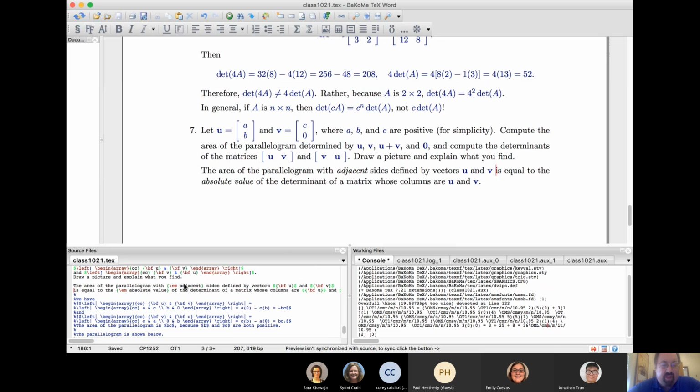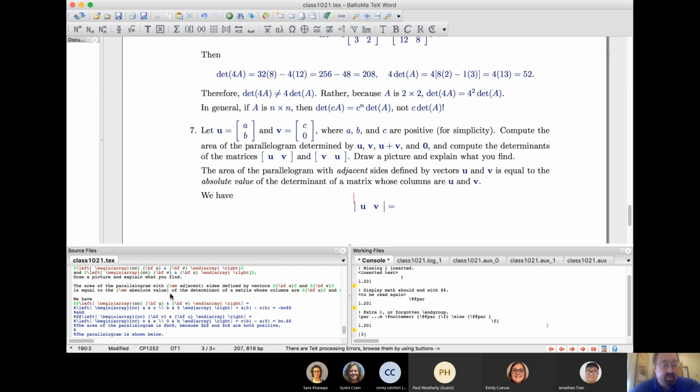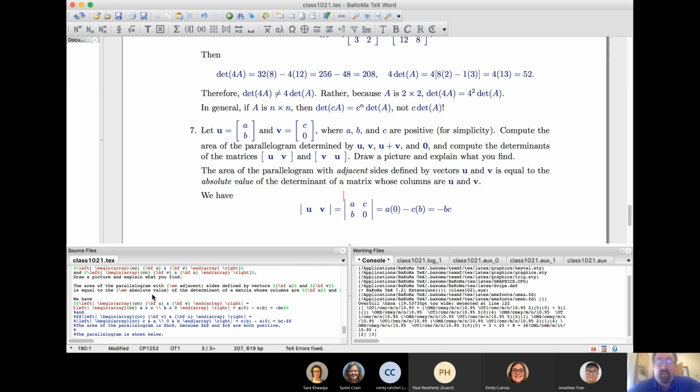And besides, determinants can be positive or negative. So we look at the determinants of uv. So here's u, and here's v. So then we go ahead and take the determinant. It's a times 0 minus c times b. So it's using the formula for a 2 by 2, and we get minus bc.